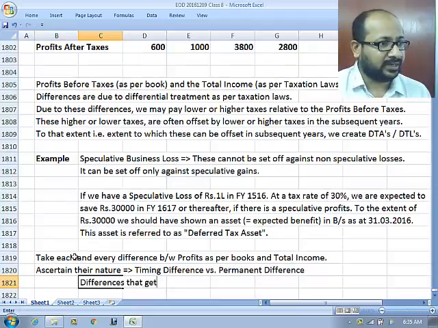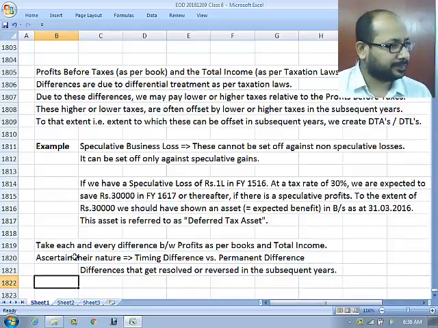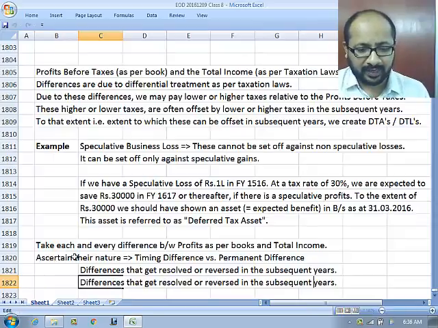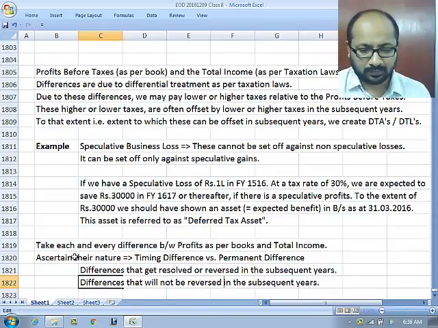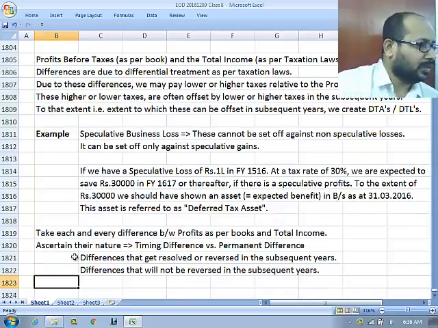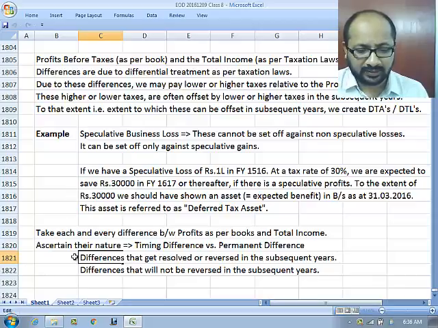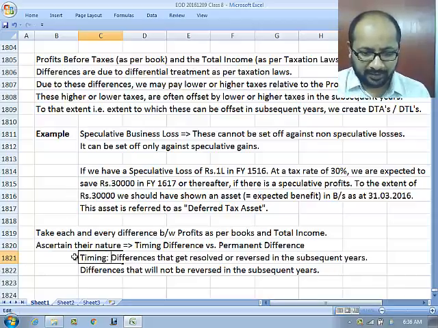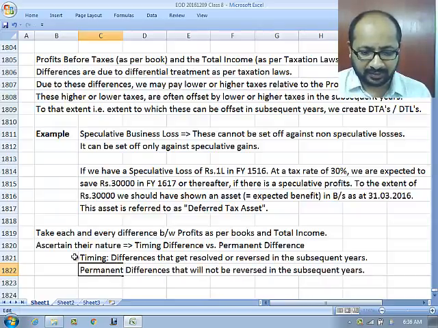Differences that get resolved or reversed in subsequent years we call timing differences. Differences that do not reverse at all are called permanent differences.